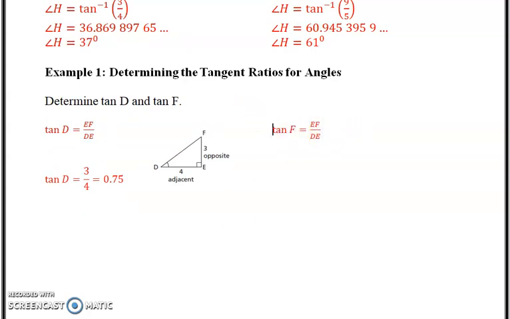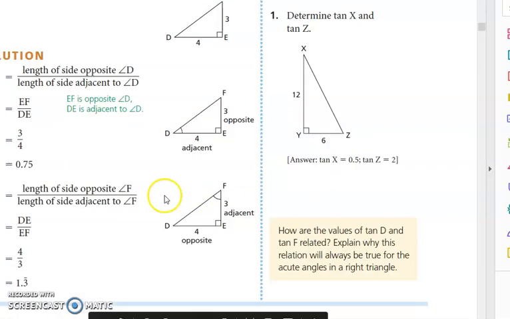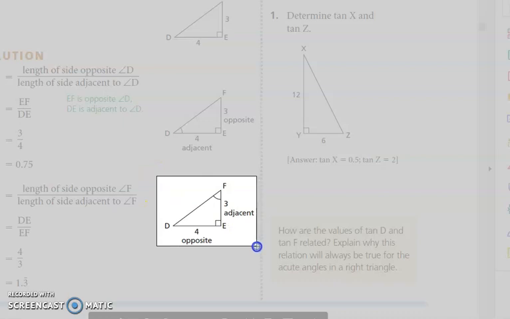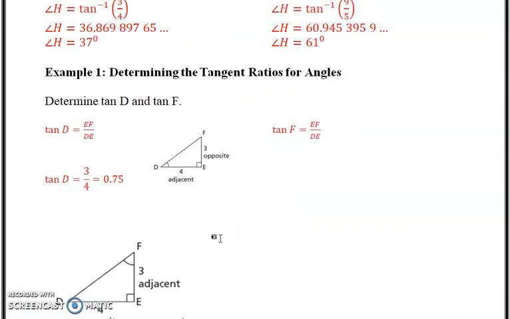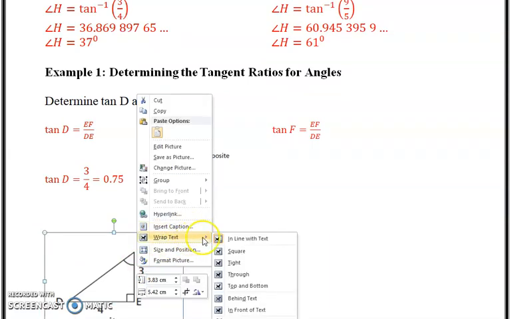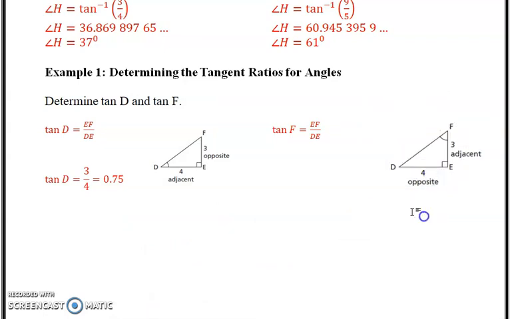We're going to call it F, so I'll grab that diagram as well. You'll notice the angle's in a different location because here we're referring to angle D, and in this one we're referring to angle F. So obviously the adjacent and the opposite sides have switched spots, which makes sense.